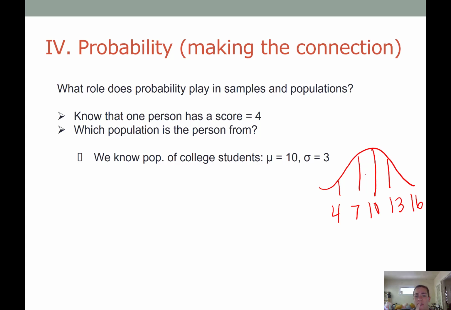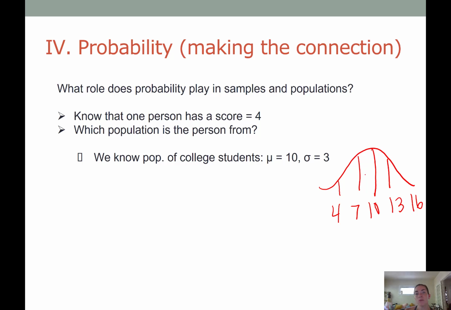So if someone says that they have a score of 4, are they likely to be a college student? You could think about those empirical rules that you learned about in the previous lecture.